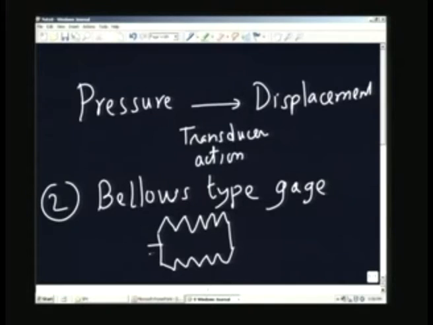On one side you have the pressure, and outside you have the atmospheric pressure. So, if you introduce the pressure inside, this is going to compress. Of course, it is like a spring and it has a resistance to this motion. So, there will be an equilibrium when the spring force is exactly equal to the force due to P minus P_a. Actually, you can look at the diaphragm gauge the same way.